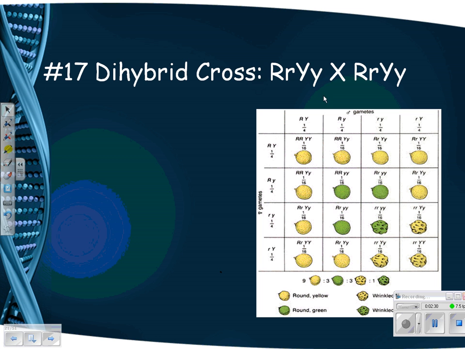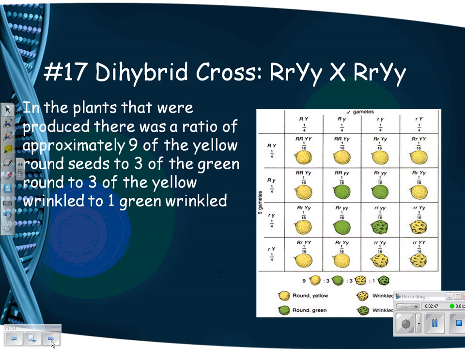So this shows what he got from the F1 cross when he took the offspring of the first generation, the parental generation. And in the plants that were produced, there was a ratio of approximately 9 of the yellow round seeds to 3 of the green round seeds.